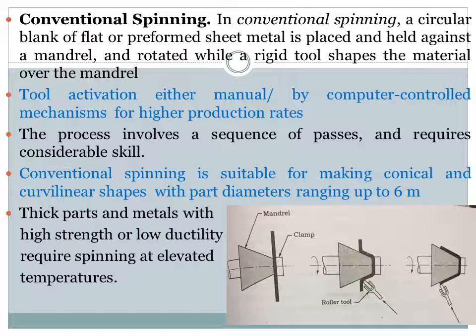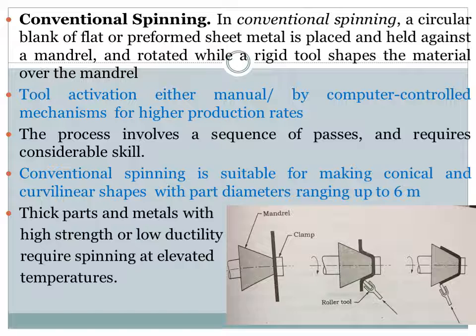And conventional spinning is suitable for making conical and curvilinear parts with part diameters up to 6 meters. Parts up to 6 meters can be produced by this process. And thick parts and metals with high strength or low ductility require spinning at elevated temperatures.